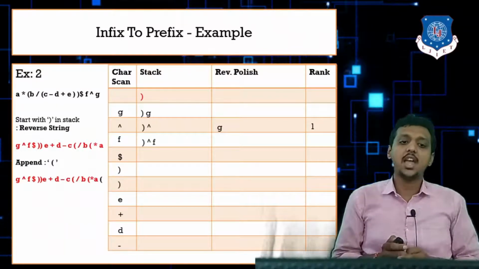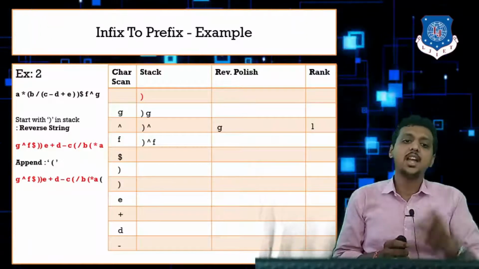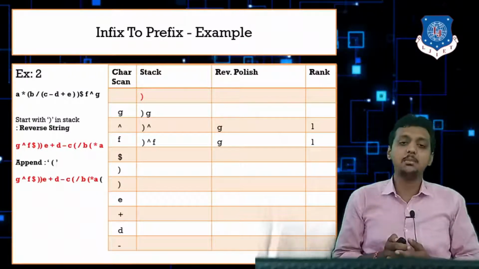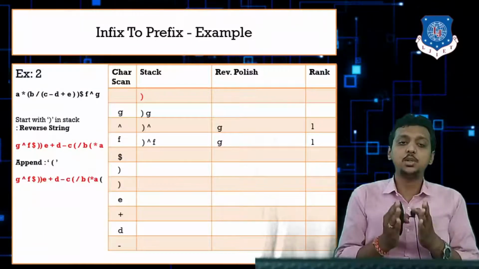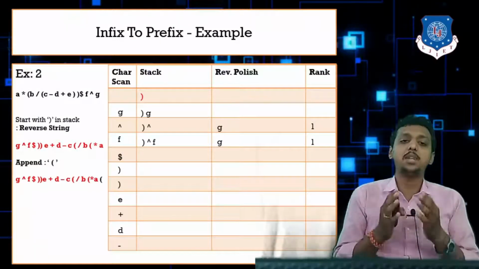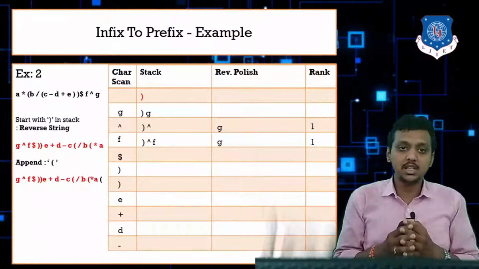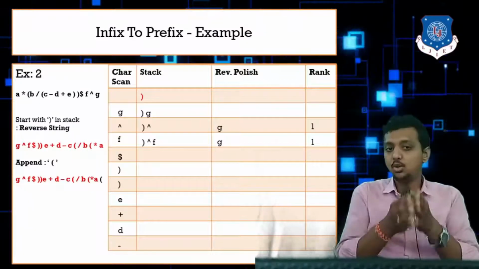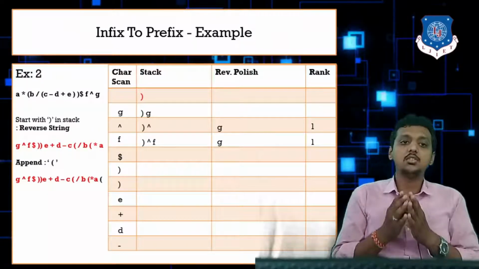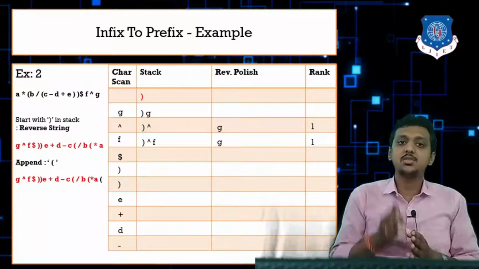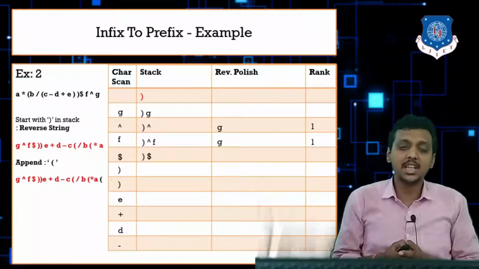Next I have F with us. F is a character, so we just push F inside the stack, and the reverse polish and rank remain as they are. Next we have dollar. See, here again the exponential operators come together. That's why I'm taking this example for the students. Remember what happens in infix to postfix and what is going to happen here in infix to prefix. Here I have dollar with a lesser precedence than F. That's why F goes out to the reverse polish. But what happens with the caret?